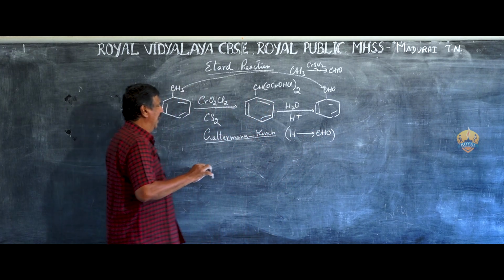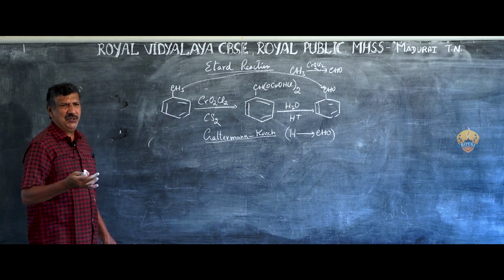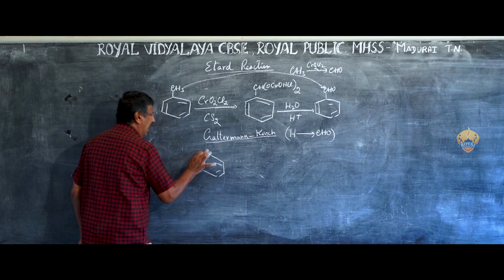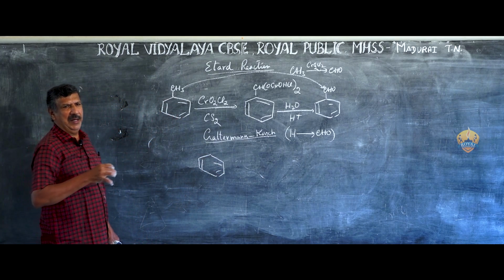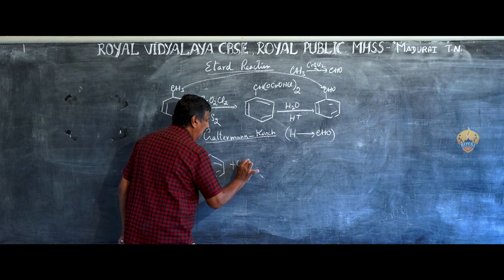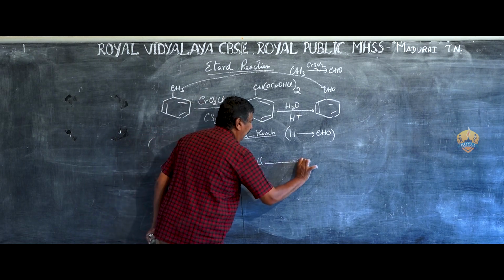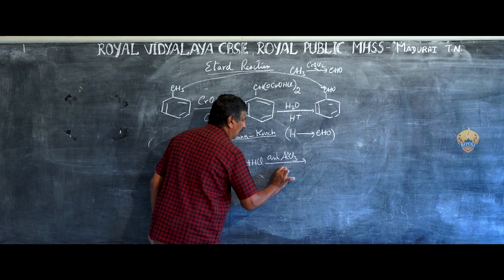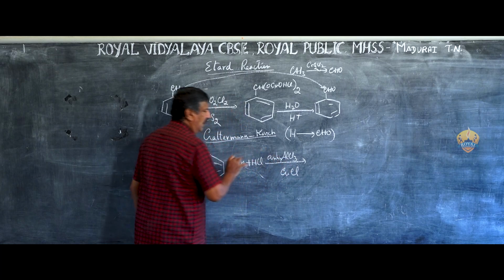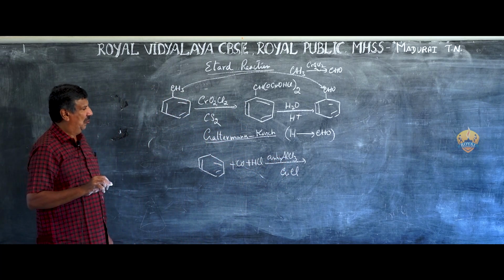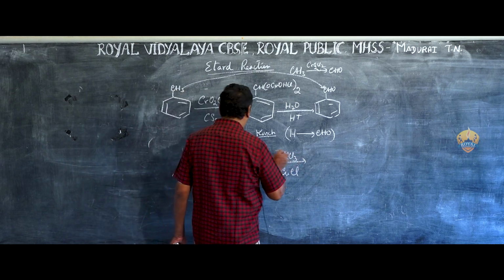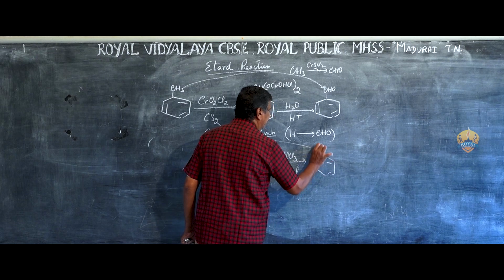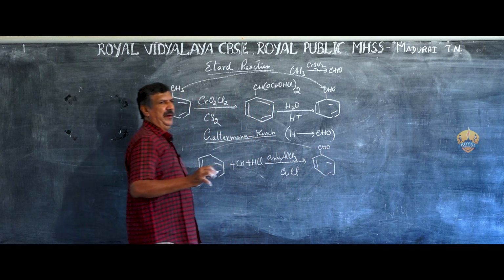You see, you take benzene, you have H here, and treat with CO plus HCl, and the catalyst is anhydrous aluminum chloride, cuprous chloride. What is the product? Benzaldehyde. That's all.